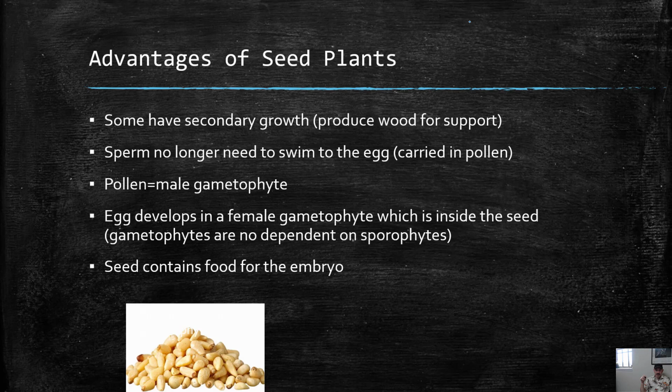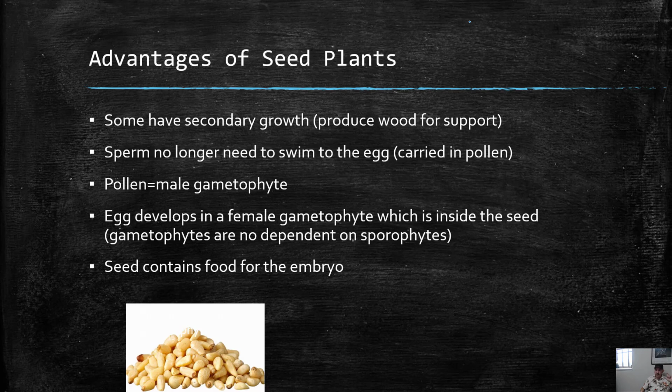The egg is inside of a protective structure, so that developing embryo is protected. And the seeds contain food for that developing embryo, so that when that seed falls off, you have a baby inside of a sealed protective capsule along with food, so that baby can lay in the dirt for a year or two even before it starts to grow, and it'll be okay.